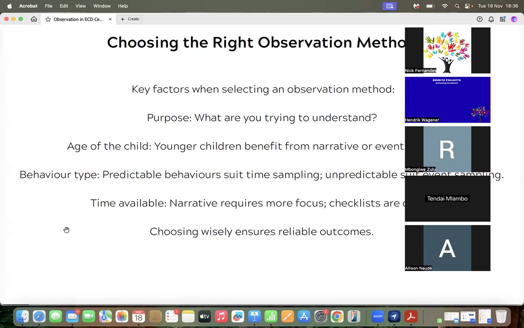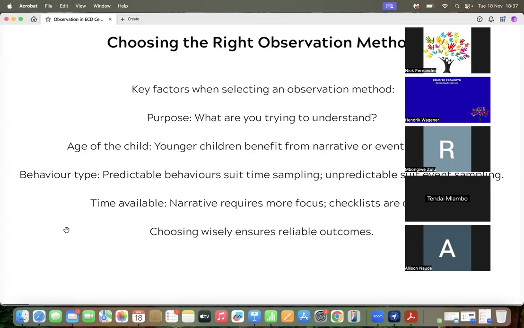That is a narrative. Then we have the time method, which is a very structured method where we say 10 past 9, Sipo entered the classroom. 20 past 9, Sipo greeted a friend. 9:30, Sipo started with his work. And that's how it goes.